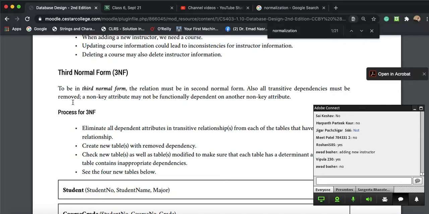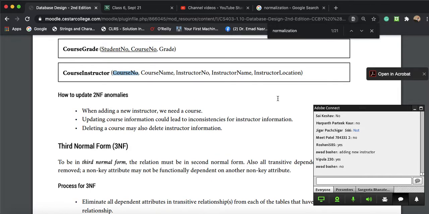What does it mean? A non-key attribute may not be functionally dependent on another non-key attribute. Look here. What is the primary key? The primary key is the course number.